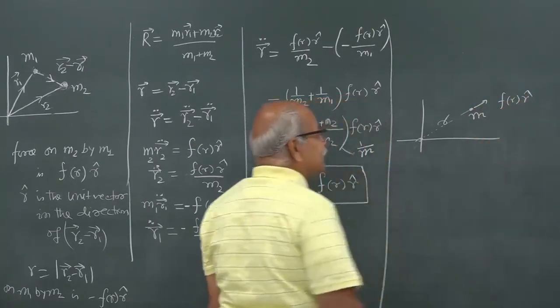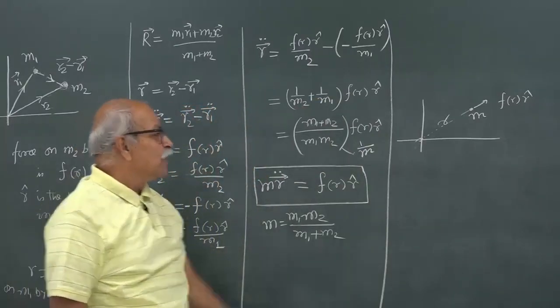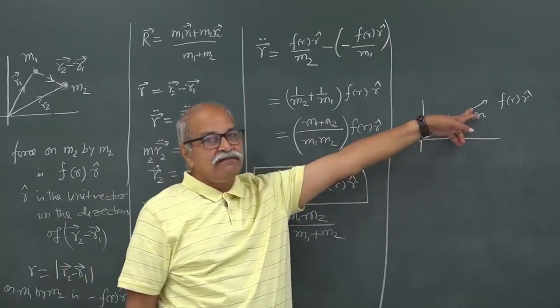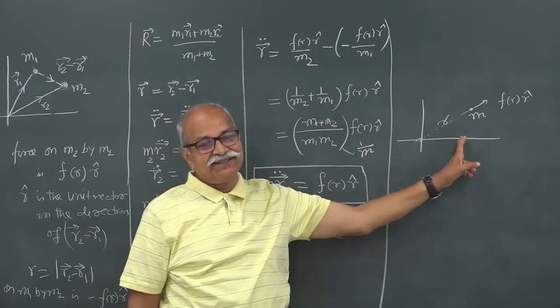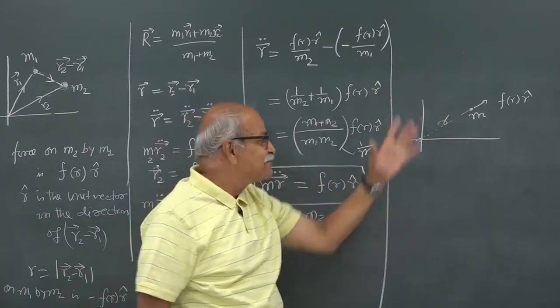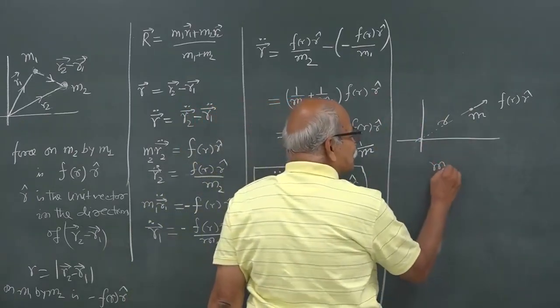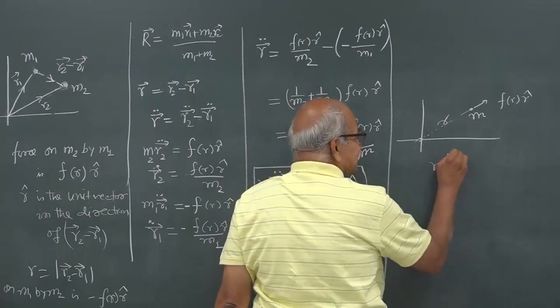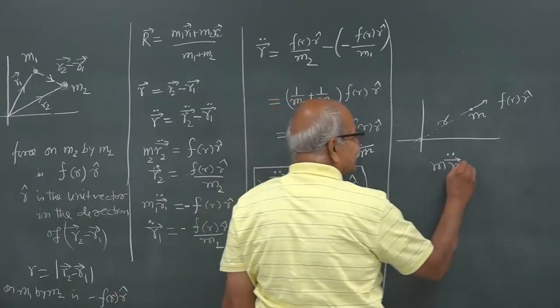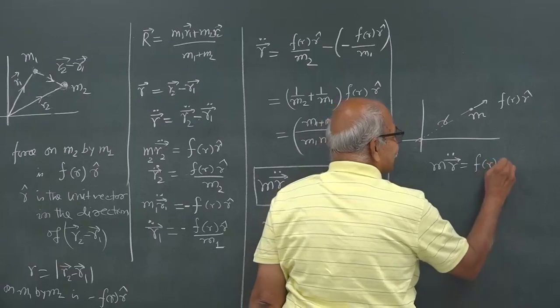This is what we had done. What will be the equation of this particle in this inertial frame of reference? That will be mass into its position double dot, mass into acceleration, is equal to Fr r cap.